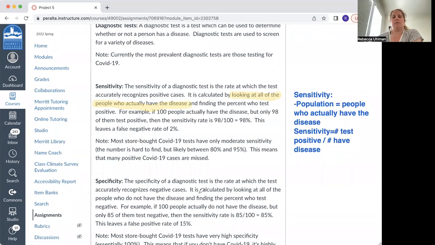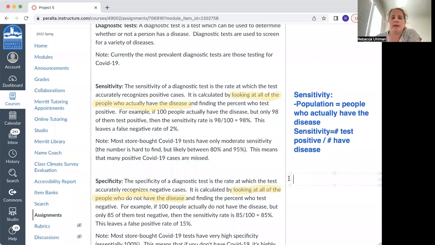On the other hand, if we look at specificity, we're looking at the rate at which the test accurately recognizes negative cases. In this case, you look at all of the people that do not have the disease and then find the rate at which those people test negative.